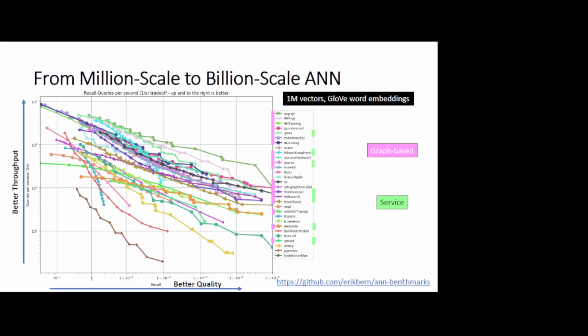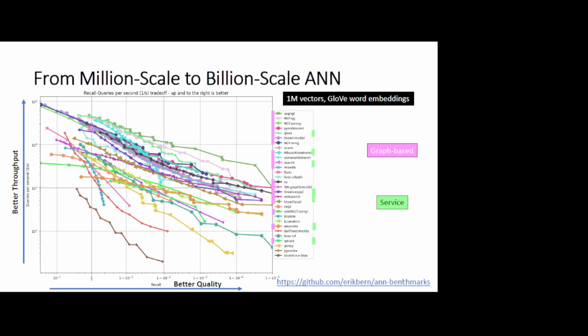They just give some evaluation to rank these methods. And clearly you can see that almost all the graph-based methods have better performance than the others. They really perform very well.